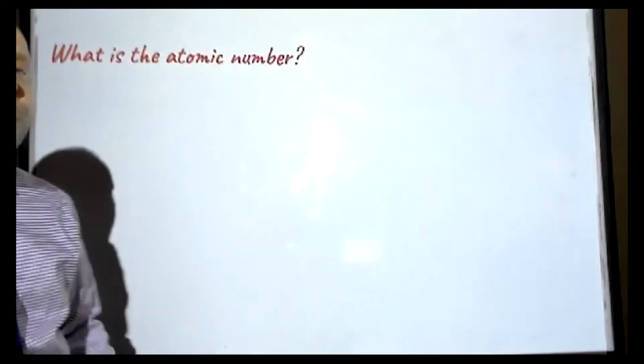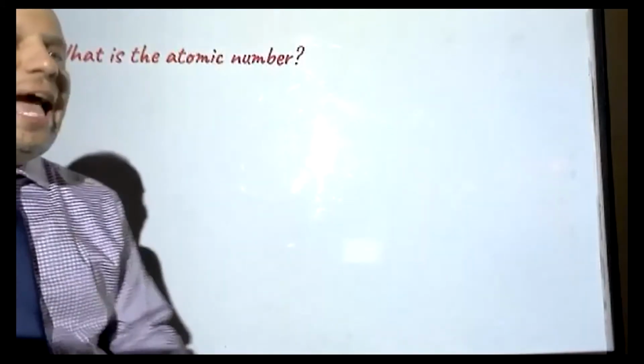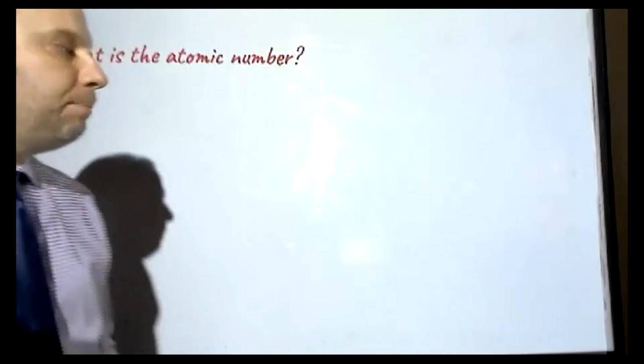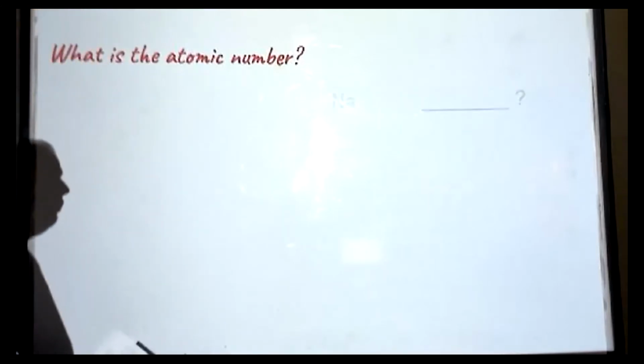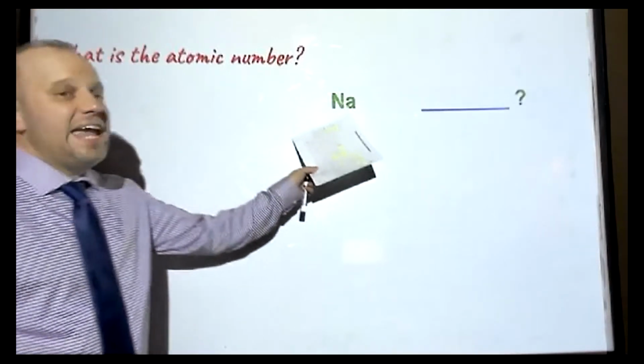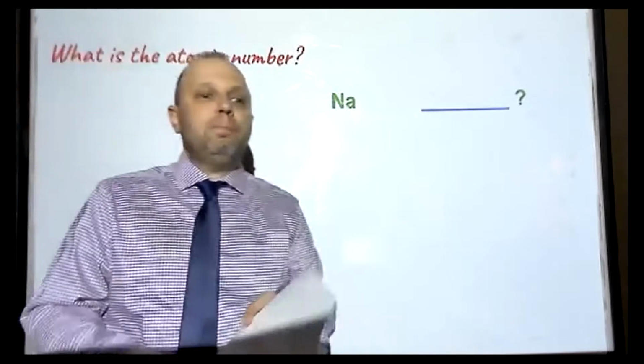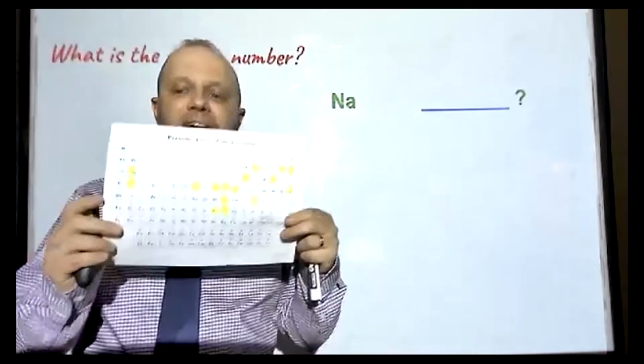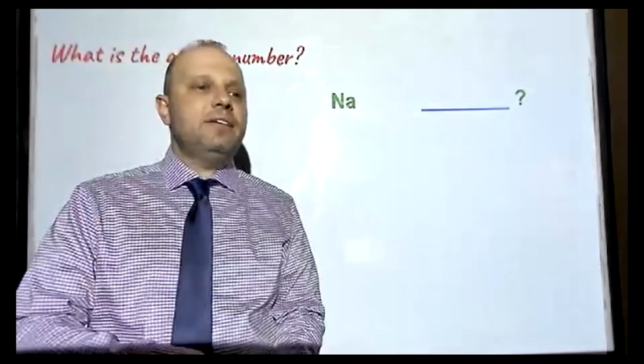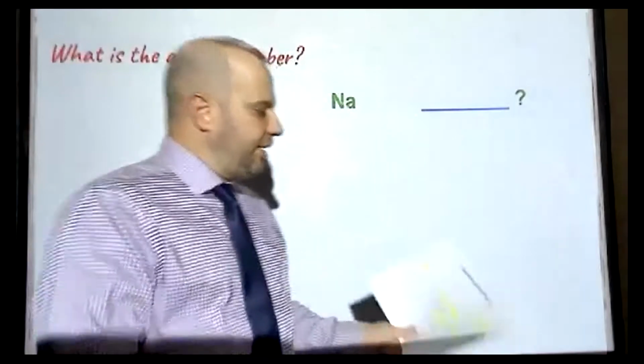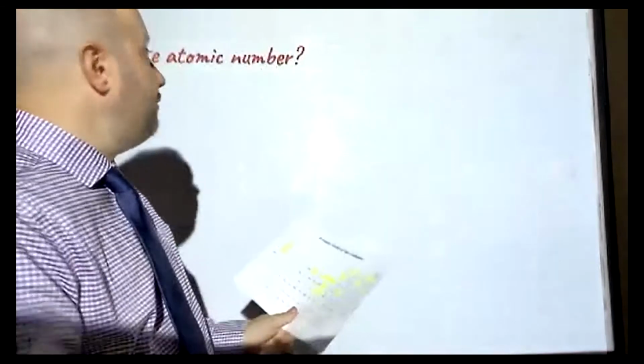So what I'm going to ask you to do is let's look at some atomic numbers together. Let's first look at Na. On your periodic table, find the element Na. It's located over here on the left side.